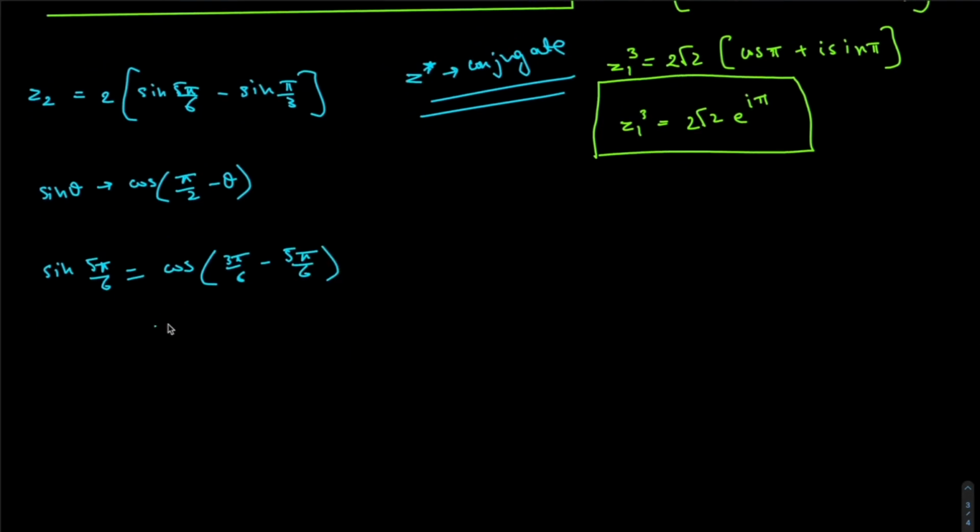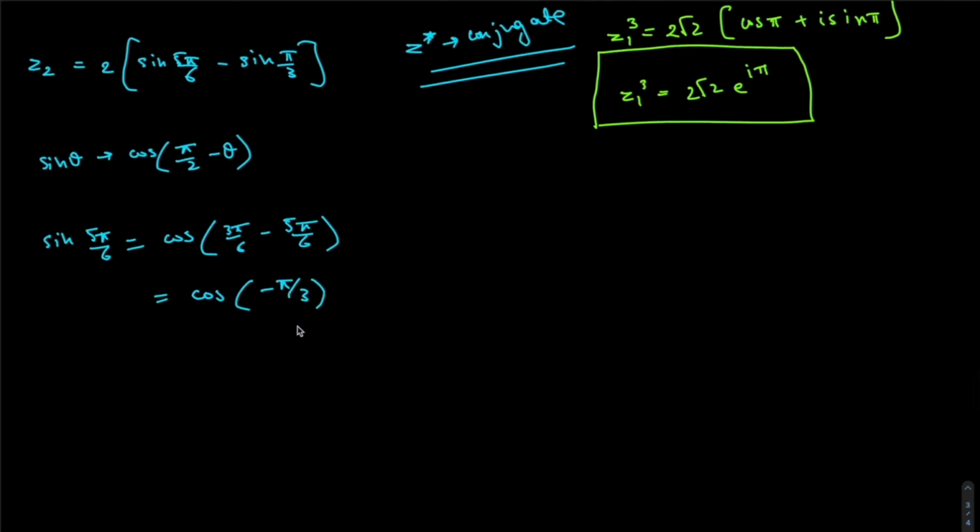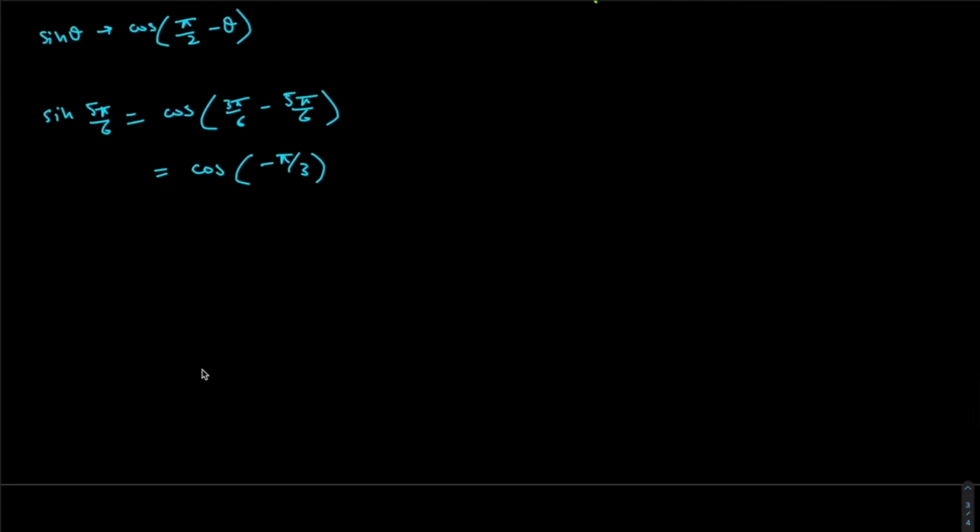Again, it would be cosine of minus pi by 3. So let me rewrite it here again. I would have 2 times cosine of minus pi by 3 plus, sorry, it was a minus. So minus I sine pi by 3.